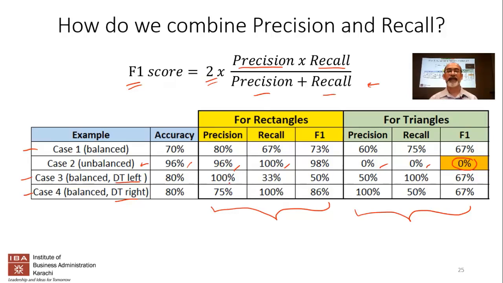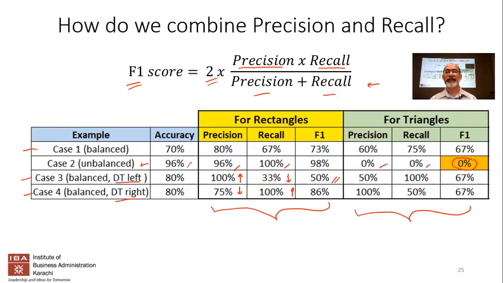Now, in this case, you could move the decision threshold to the left. And in this case, if you look at the F1 score, here the precision is going up, but the recall has gone down, okay? And in this case, when you move it to the right, and I'm just focusing on the rectangles, this goes up, but this comes down, okay? And you can see that if you look at the F1 score for the rectangles, it can tell you how they're balanced, okay?